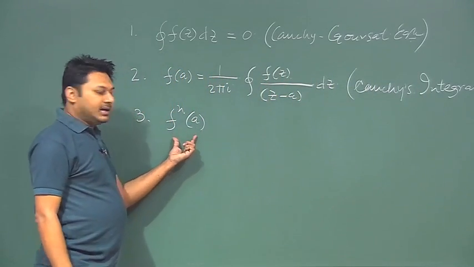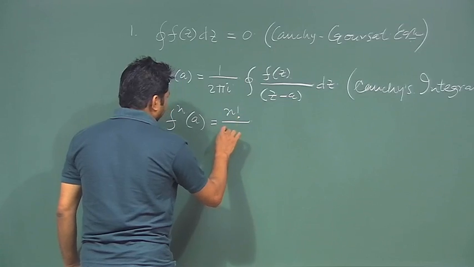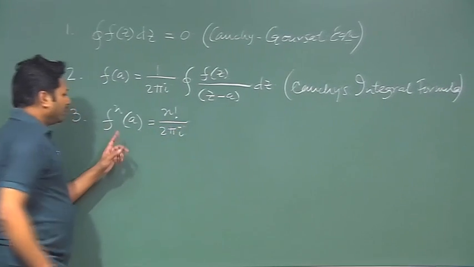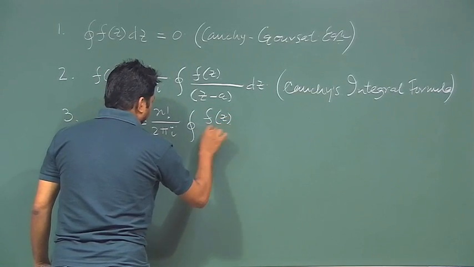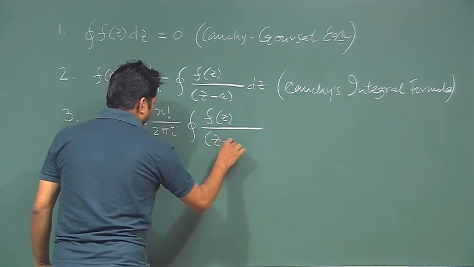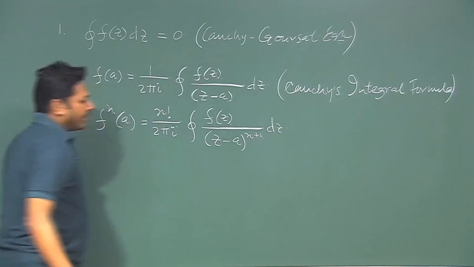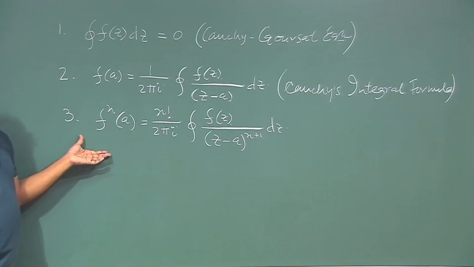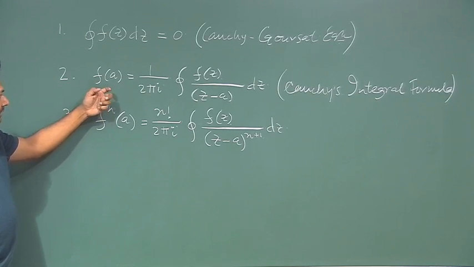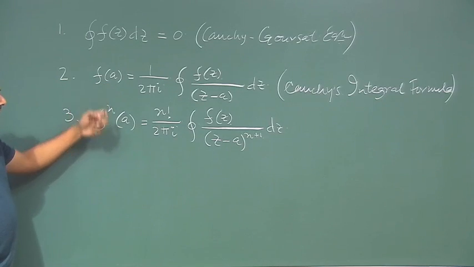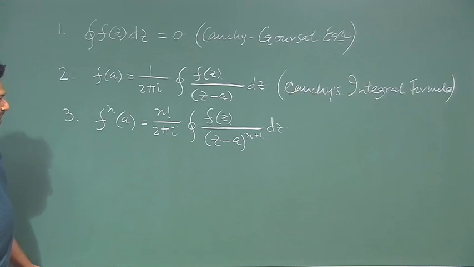Now, here I am doing the same thing, but just having the derivative up to n-th order, then this expression is slightly modified. And I have a modified expression like this. This is also one extension of this formula, where I just make a derivative with respect to a, and then I will get this kind of form.